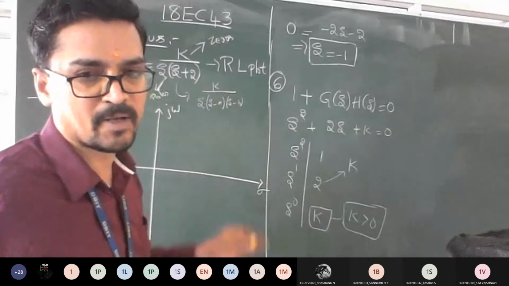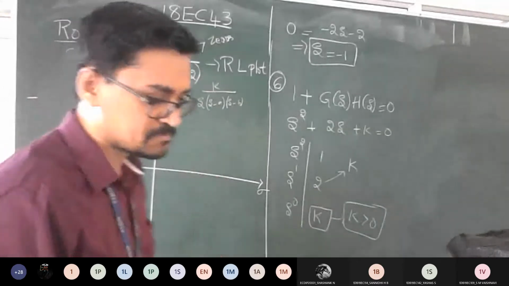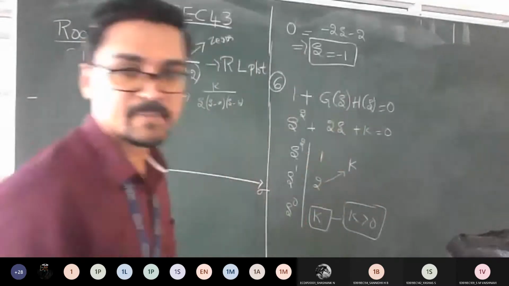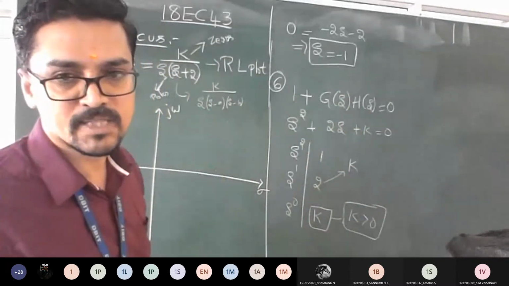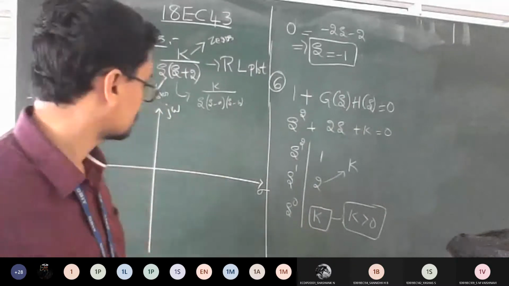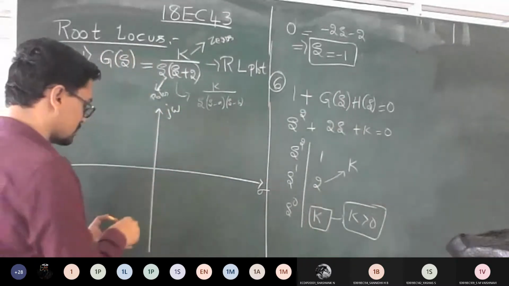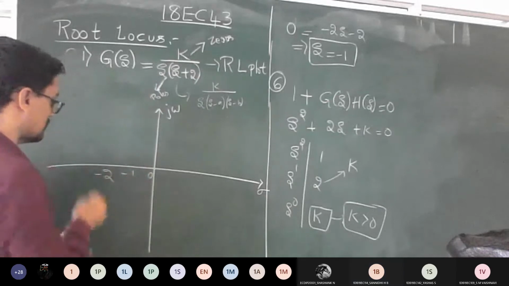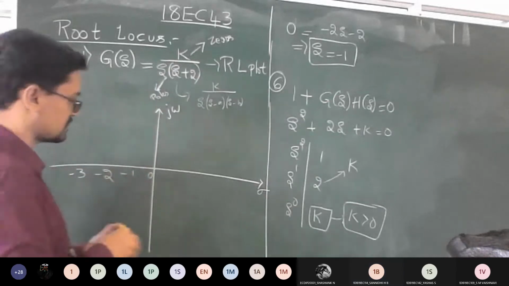We'll go step by step now. What is step number 1? The number of poles and zeros you found. How many poles did you get? 2. Good. So let's mark the scale first.